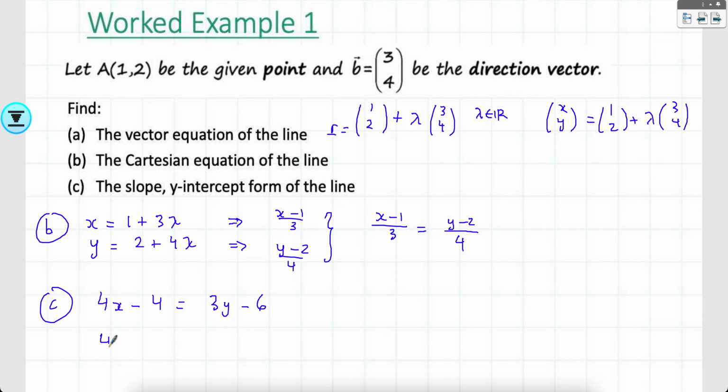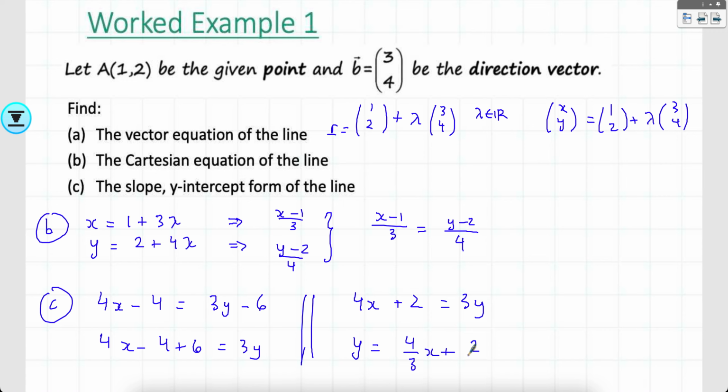And then I'll take 6, I'll simplify this, and then I'll divide by 3. I'll just keep the y here. y equals 4 over 3 x plus 2 over 3. So this is the gradient intercept equation of this line. We started with vector form, and notice how we changed to a form we're familiar with.